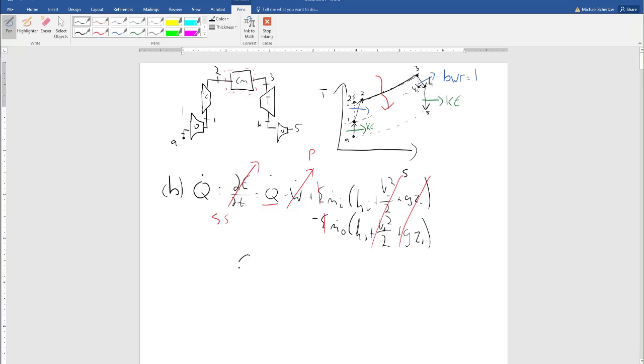So we get the equation that we expect: Q dot in is equal to m dot times h out minus h in, which is equal to m dot times h3 minus h2. If I was doing constant specific heat, then this would change to m dot Cp times T3 minus T2.